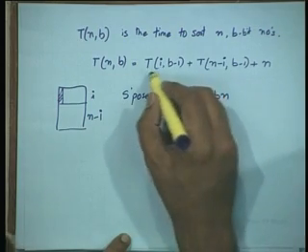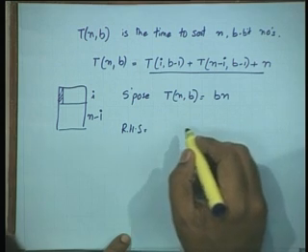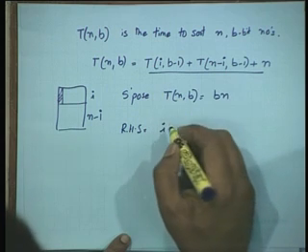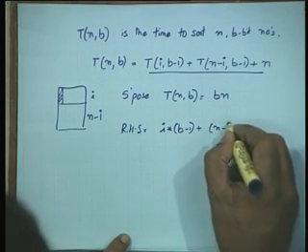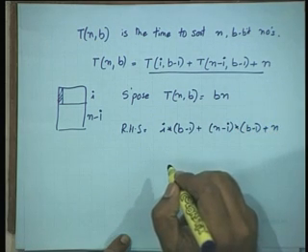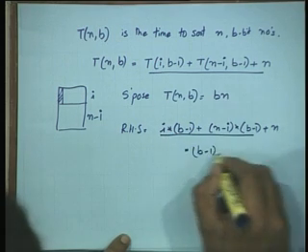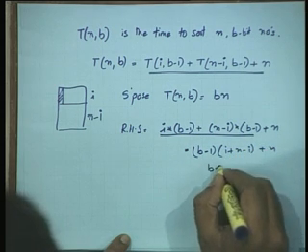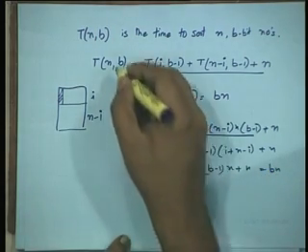So, what is my right hand side then? The right hand side equals I, because n is I, times b minus 1 plus n minus I times b minus 1 plus n, which is b minus 1 times I plus n minus I, plus n, which is b minus 1 times n plus n, which is Bn, which is also our left hand side.